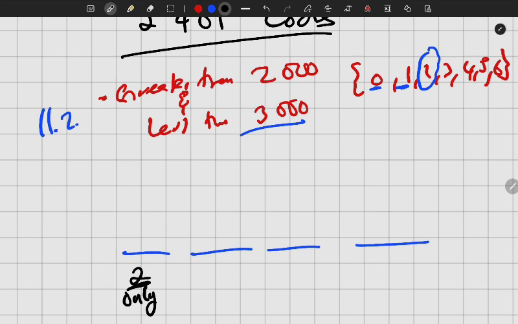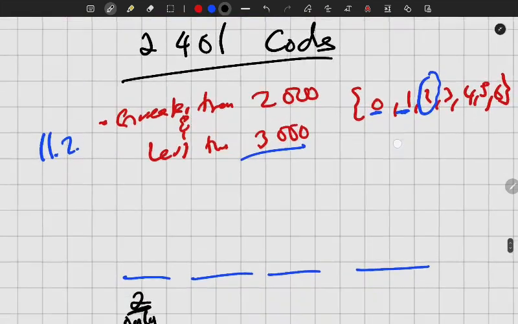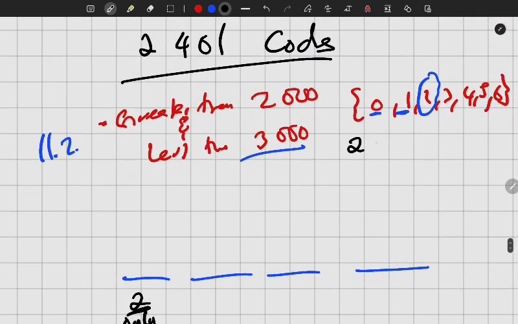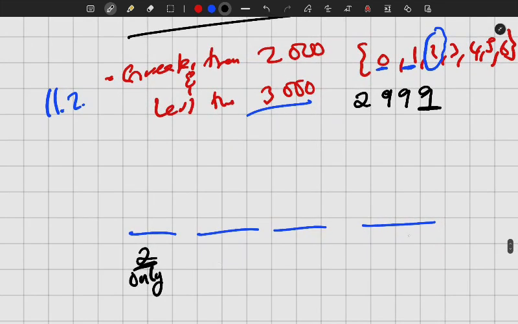To make sure we do not reach 3000, think of the largest code possible, maybe 2999. But we can't even have a 9, because we only stop at 6, so the largest would be 2666.